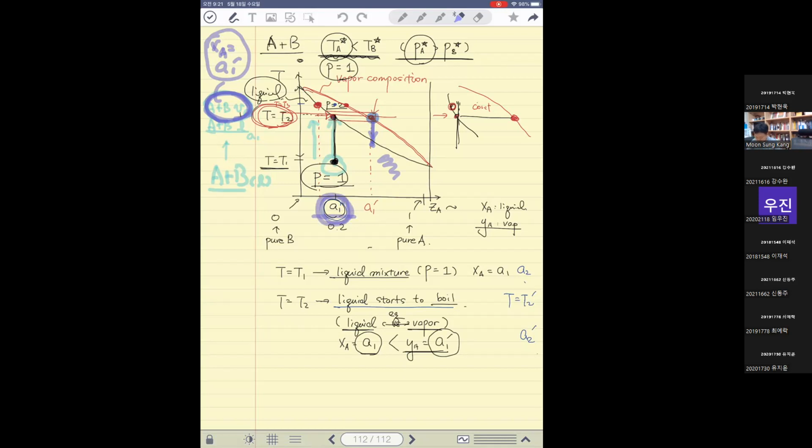Now after doing all this, I have this liquid. Let's say I lowered the temperature back to the original T1. The composition is now A1 prime. So now I have more, because A1 prime is larger than A1. What I mean is that if I collect the liquid mixture, that's A plus B liquid, but now I have more A here than it was there, right?